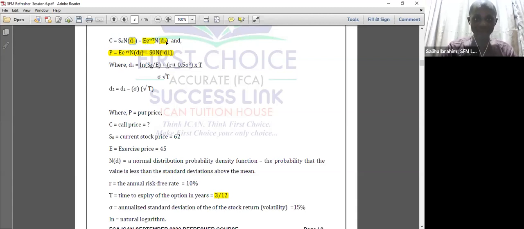We have gotten the value of D2, but I don't need only D2, I need ND2. But for me to get ND1, I need to get my D1 first. For me to get ND2, I need to get my D2 first. Do you understand? So all what we are doing there is to get the variable for that formula.